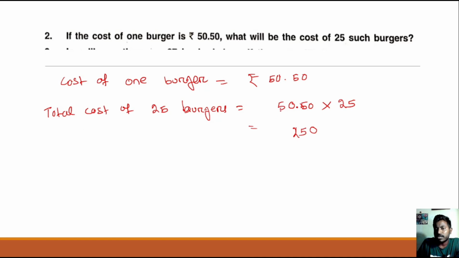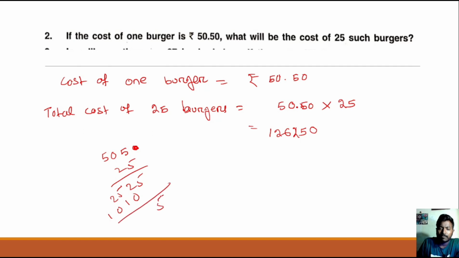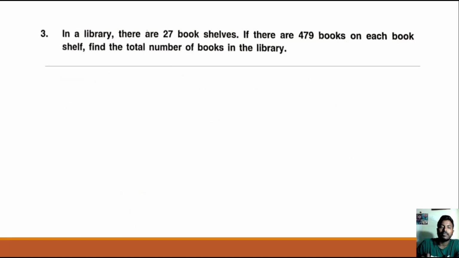Then multiply again, 25 times 5 is 125, plus carry, 126. Then 25 times 5 is 125, and so on, giving 1262 and then 0.50, that is rupees 1262.50. Clear?